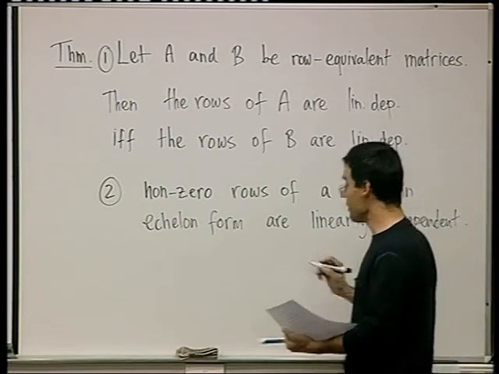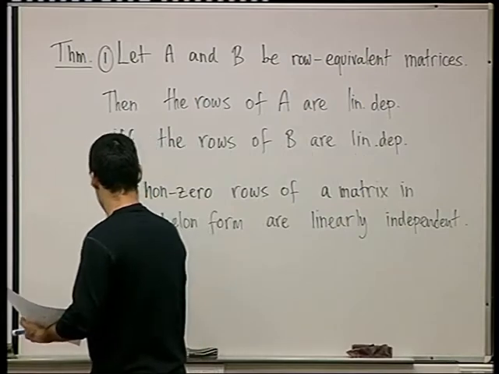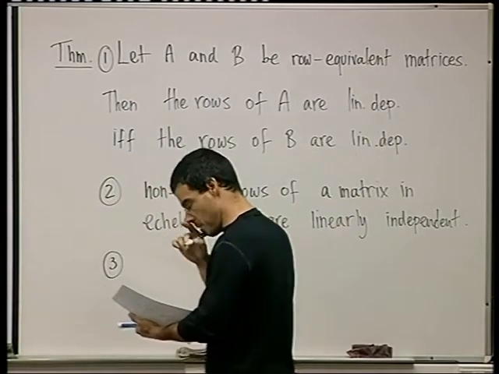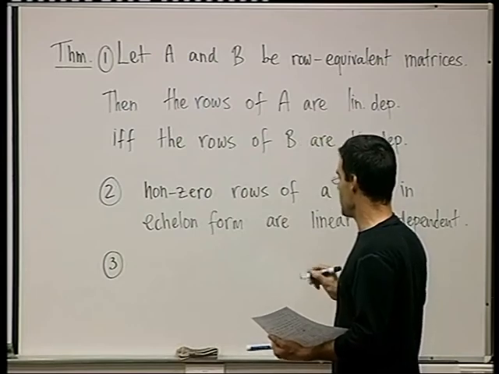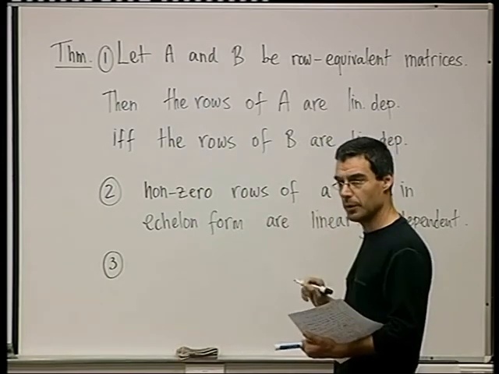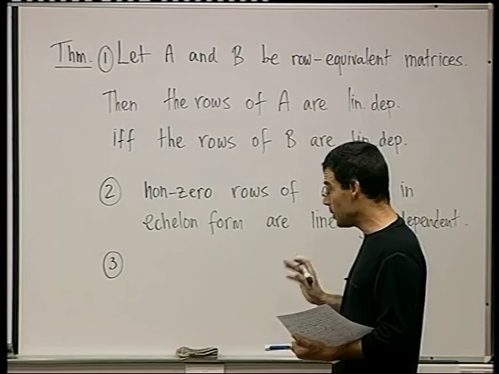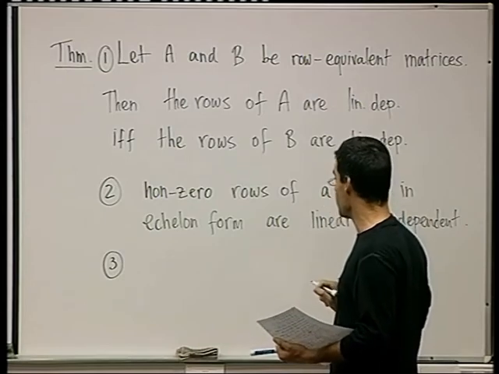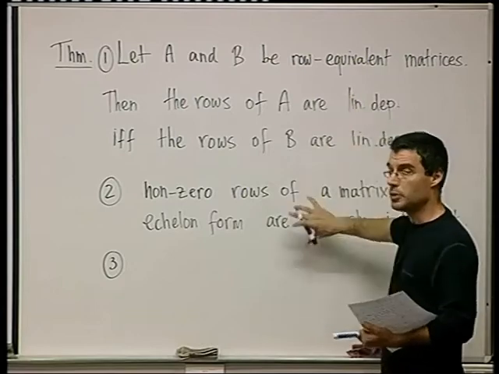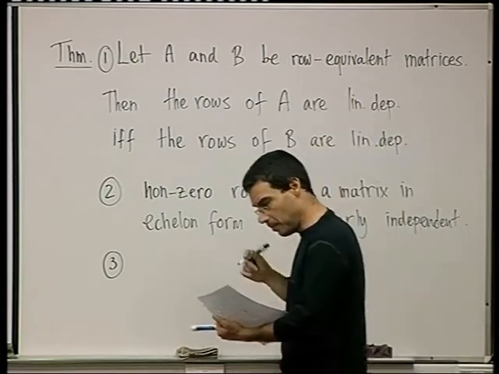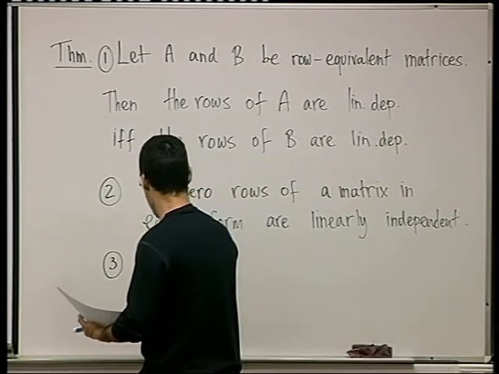And the third theorem, I think the third theorem I am going to prove in the next lesson. I want to prove some theorems about sets of linearly dependent and linearly independent vectors. These are more related specifically to matrices. I'm not going to prove 1 and 2. I probably will prove 3.